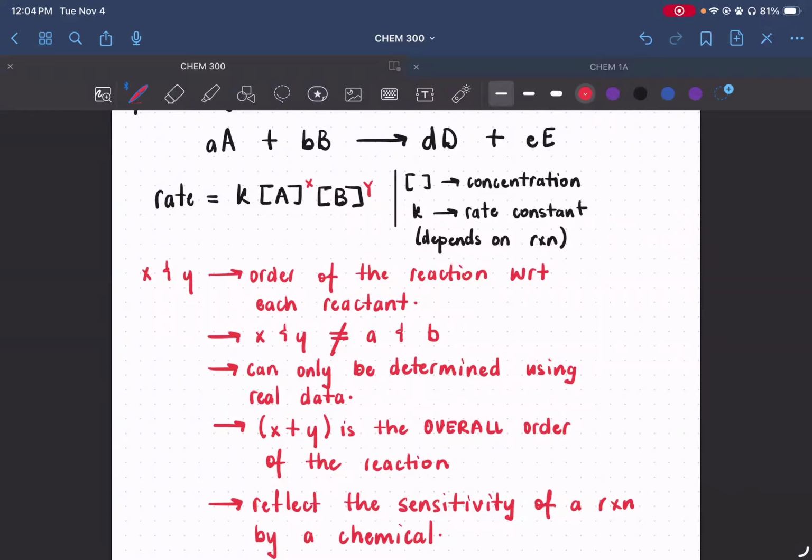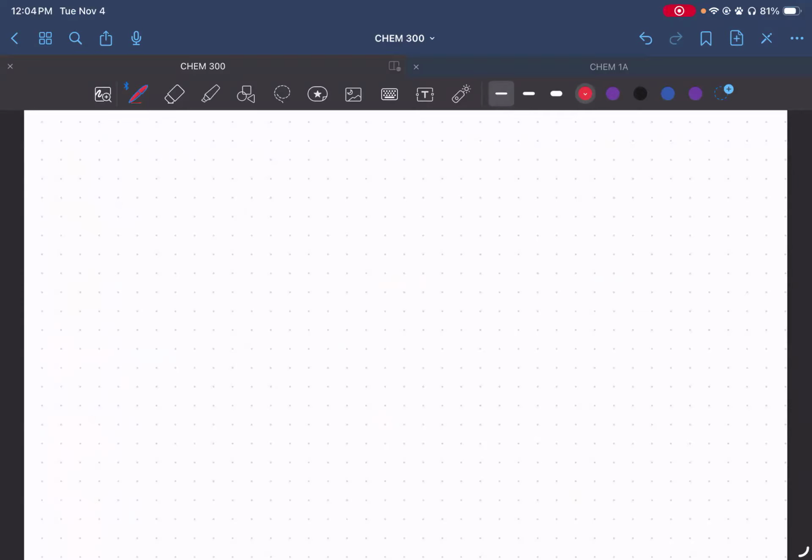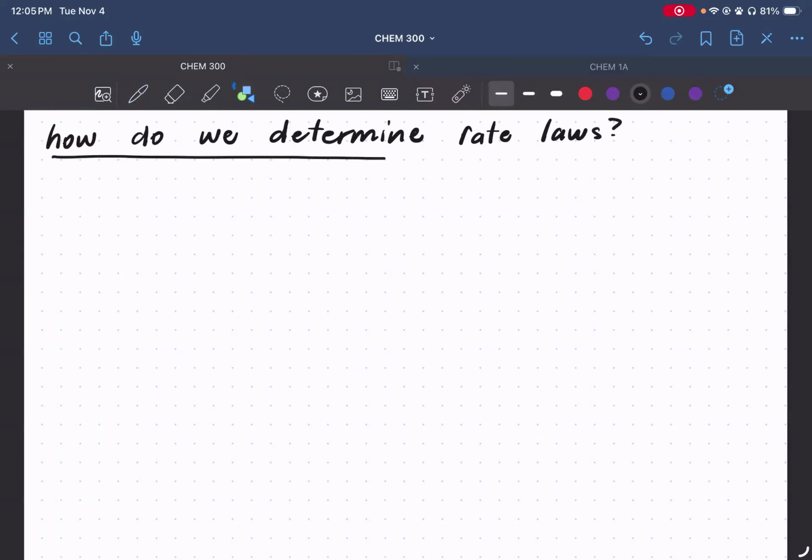What does that mean? What does that look like? How do we determine rate laws? We're going to do a sample question. The question is based on the following reaction.